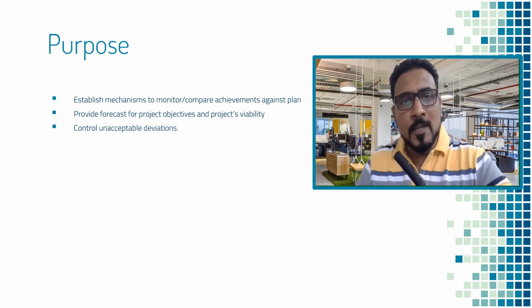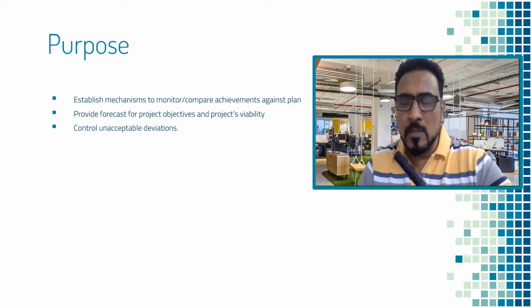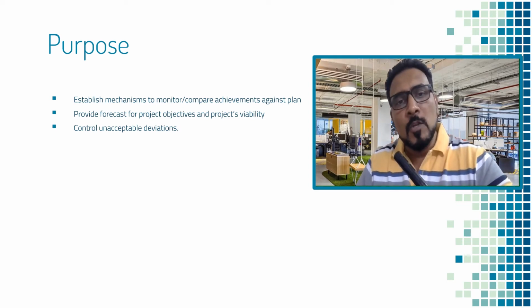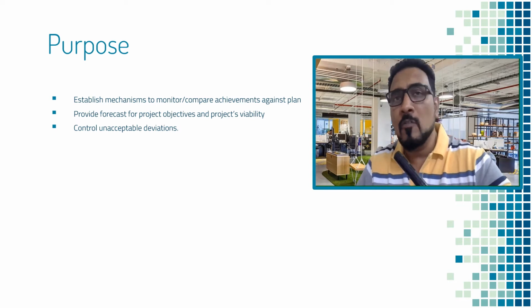Okay, so let us understand what the purpose of the progress theme is. We've already seen this in a couple of slides before, but let's break it down a bit more. The purpose of the progress theme basically is threefold. One is to establish mechanisms to compare and monitor actual achievements against what is planned, to provide the forecast for the project objectives and the project's viability, and to control unacceptable deviations.